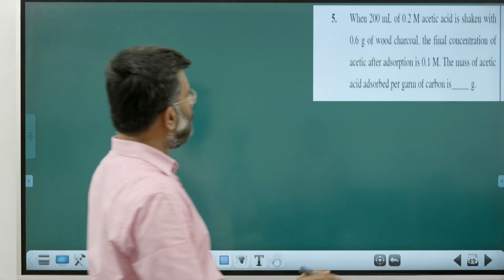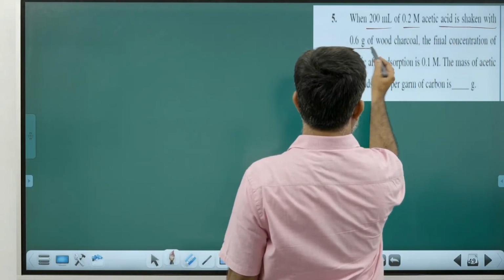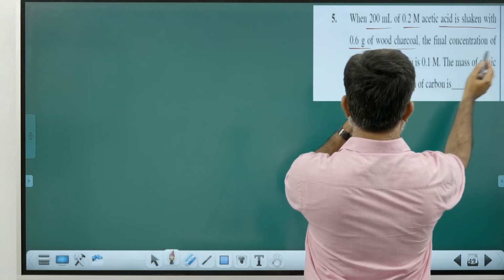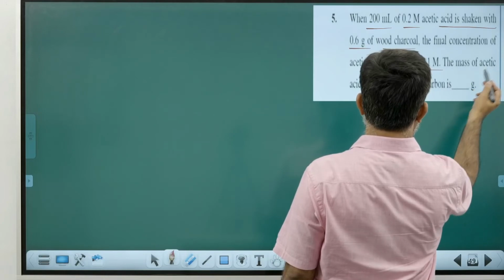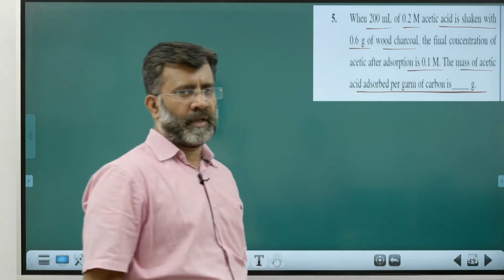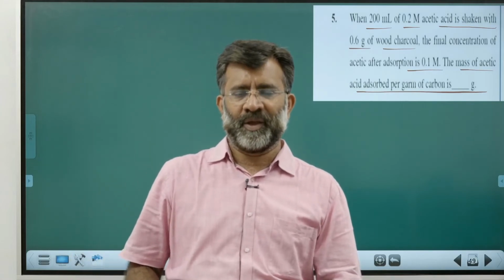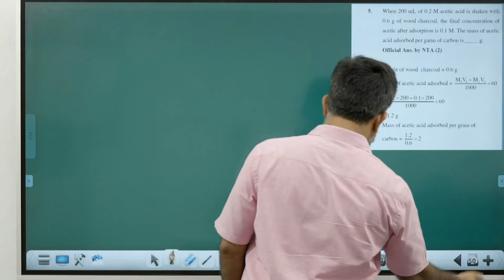200 ml of 0.2 molar acetic acid is shaken with 0.6 gram wood charcoal. The final concentration of acetic acid after adsorption is 0.1. The mass of acetic acid adsorbed per gram of carbon is? We want to find out x by m. So what is the logic?